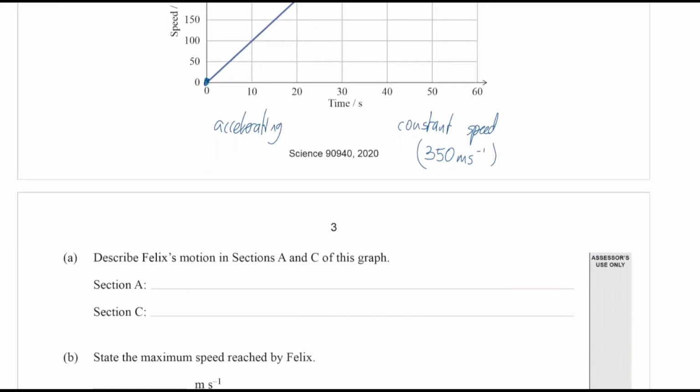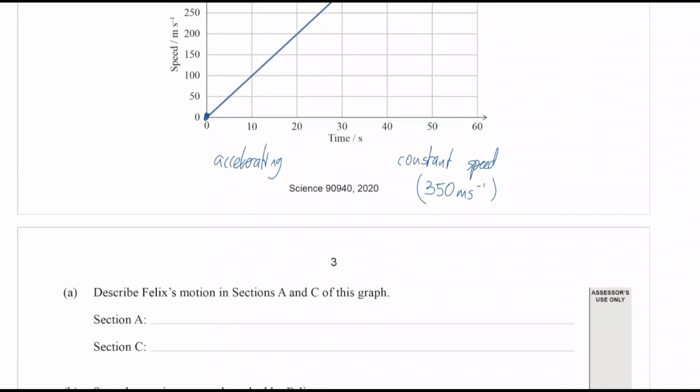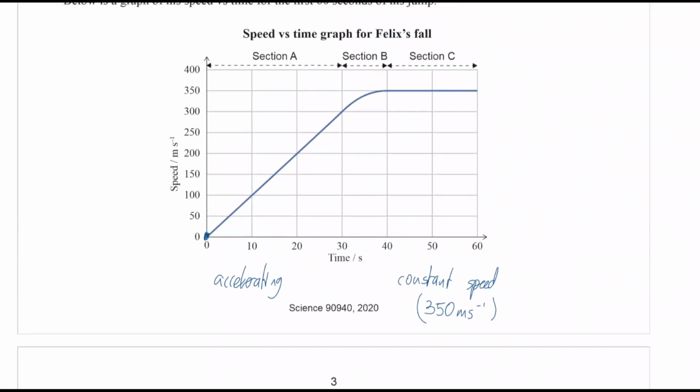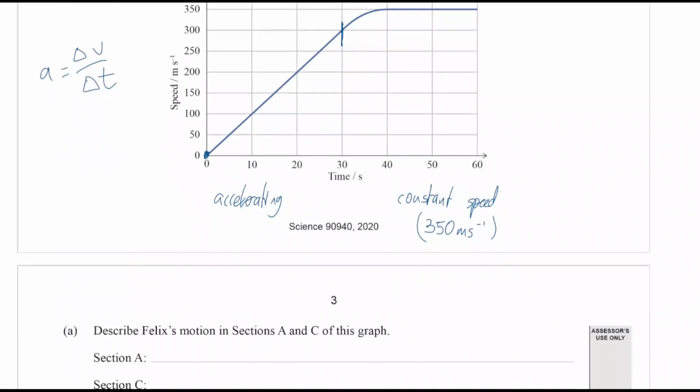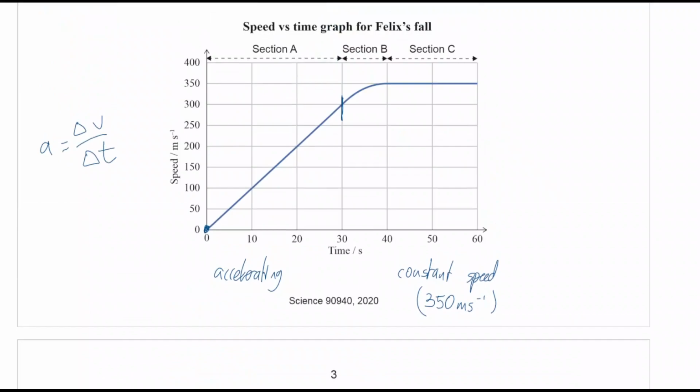All right, so question A, looks like we've already answered that. Describe Felix's motion in sections A and C of the graph. So in A, we said accelerating as his speed was increasing as time increased, and we know acceleration is the change in speed over the change in time. So he was accelerating. In section C, on the speed time graph, we see a flat line, which indicates a constant speed.